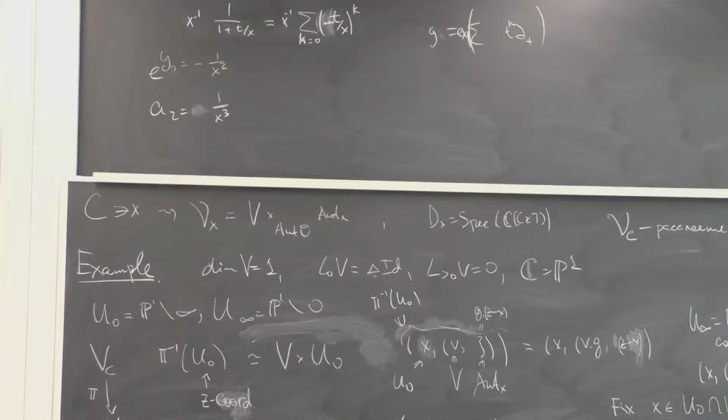So we have to know what is this y1, and y1 is y2 a2 over a1. And a2 over a1 is 1 over x. Minus. Okay?